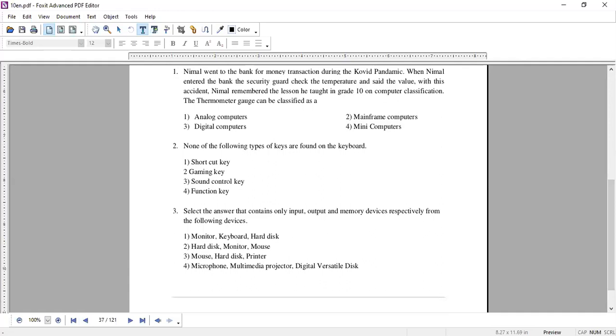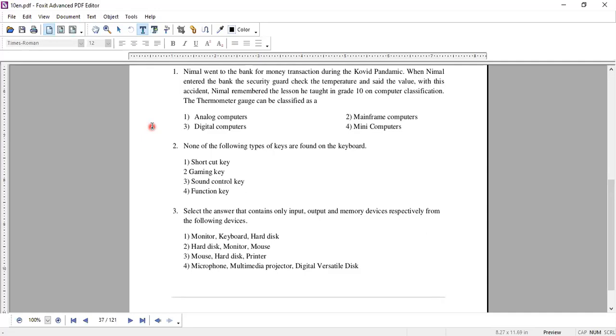Okay, first question. Nimal went to the bank for a money transaction during the COVID pandemic. Spelling is a bit wrong. When Nimal entered the bank, the security guard checked the temperature and said the value.